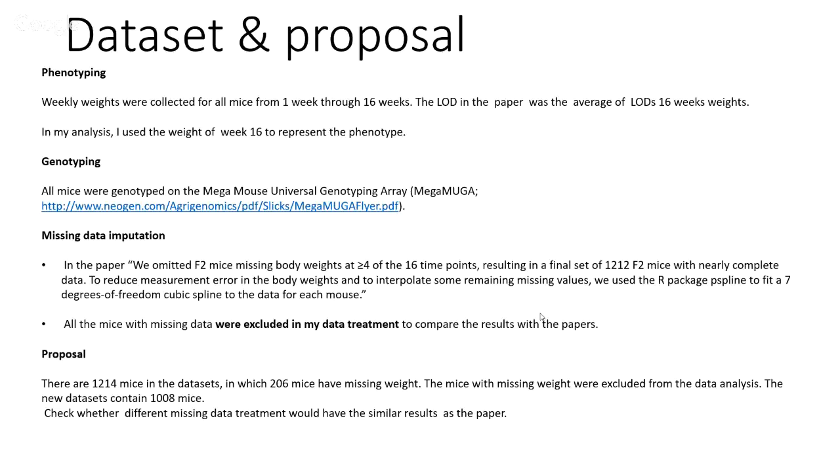For the phenotype, in the paper, they use weekly weight from week 1 to week 16. The LOD value in the paper was calculated by the average of the LOD over 16 weeks, with weight as the phenotype.